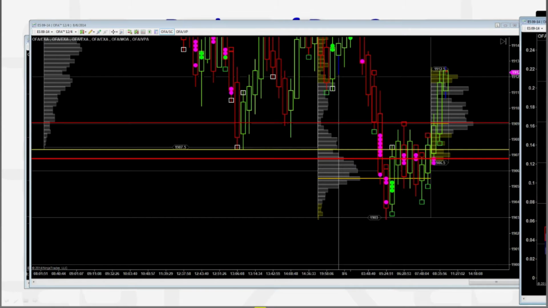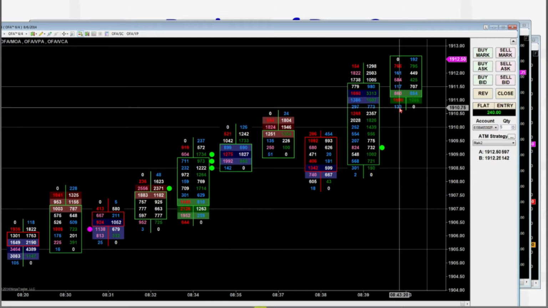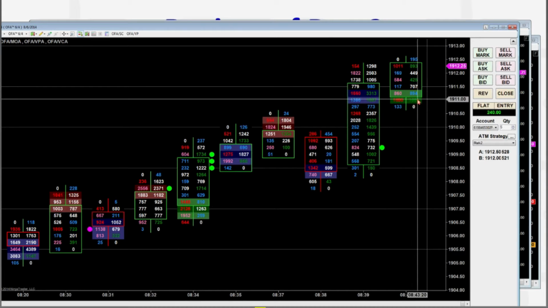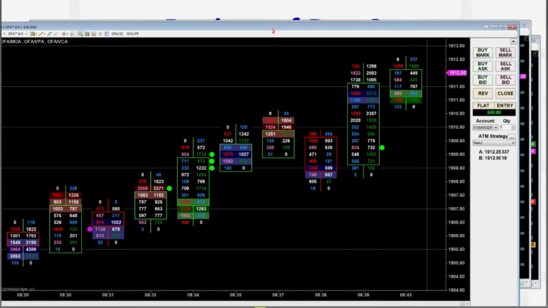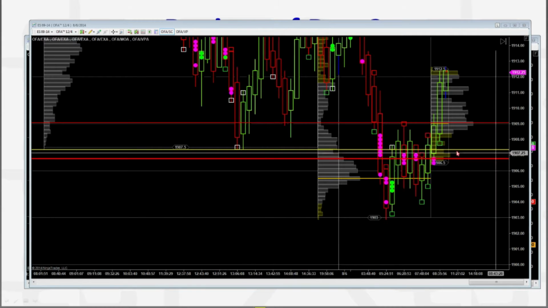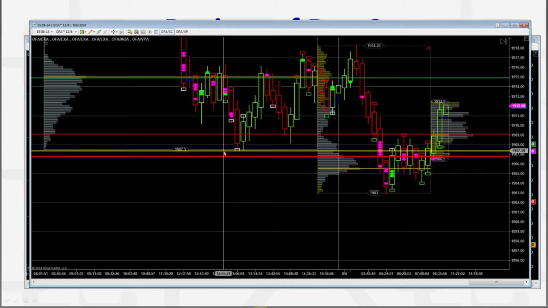When we look over at the print, there's 1075. We have weakness at the bid, strength at the offer. There's the long. Now if I'm looking for a target above, here's yesterday's low, low of day, 1907.50.